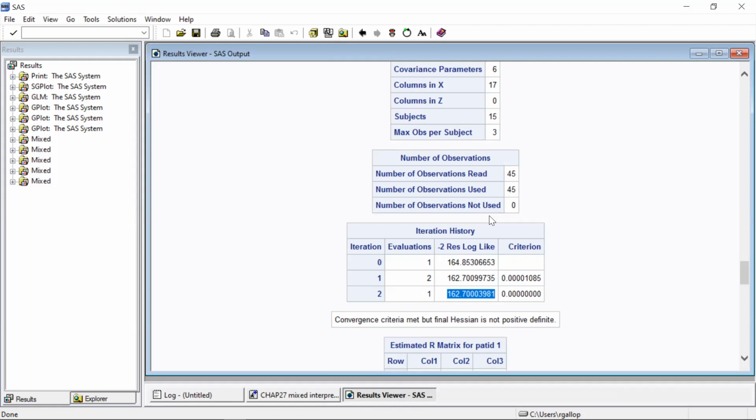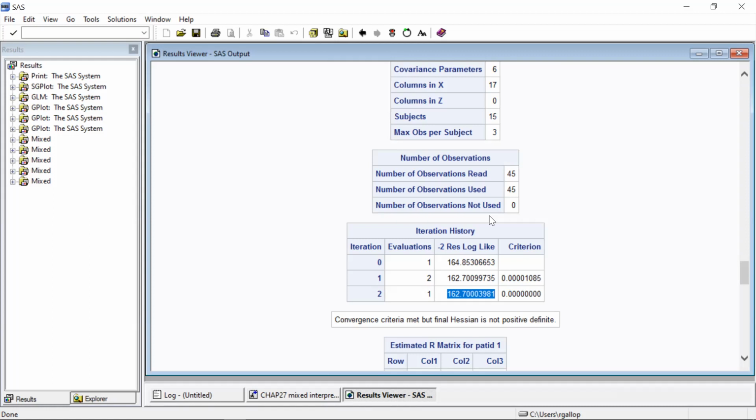For us, this kind of mimics that situation where we got the minus 2 restricted log likelihood. So the likelihood function, again, in this situation, is the joint probability the observed data fits the assumed model.